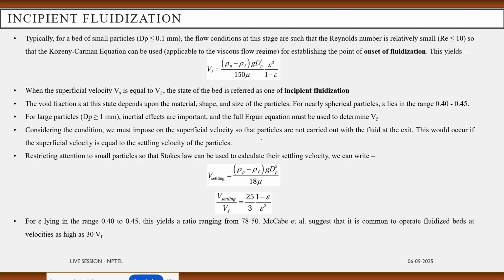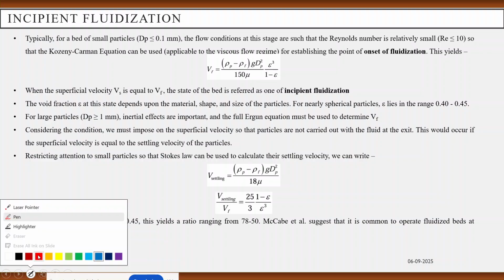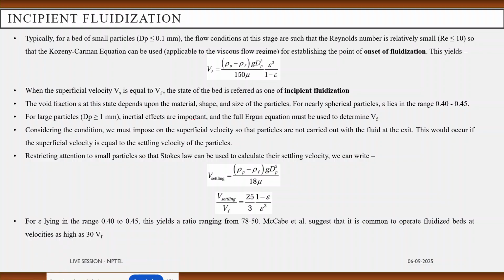Now we will talk about the inception fluidization, that is the homogeneous one. Inception fluidization is the onset of fluidization. So typically for a bed of smaller particles of size less than 0.1 millimeter, the flow conditions at this stage are such that the Reynolds number is relatively very small, less than 10. So there the Kozeny-Carman equation will be applicable, as that will be the viscous flow regime.